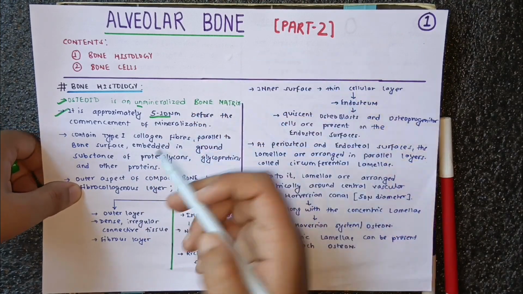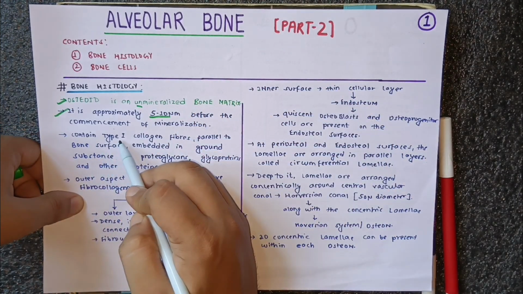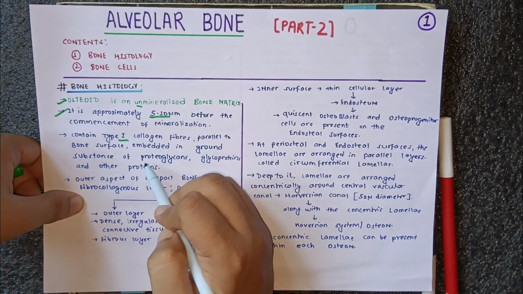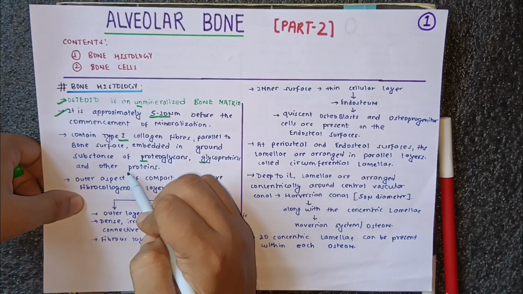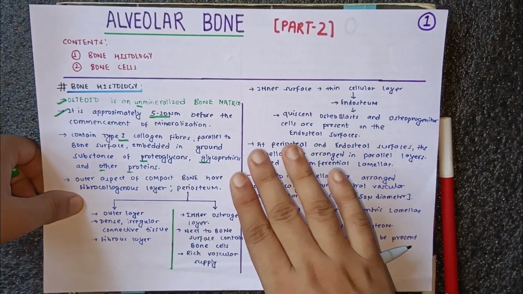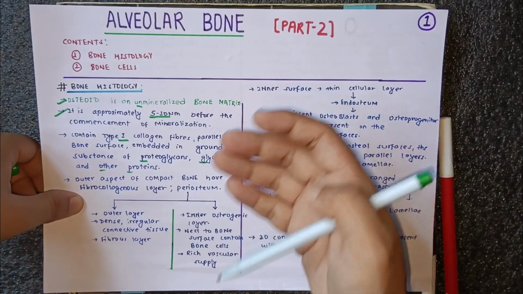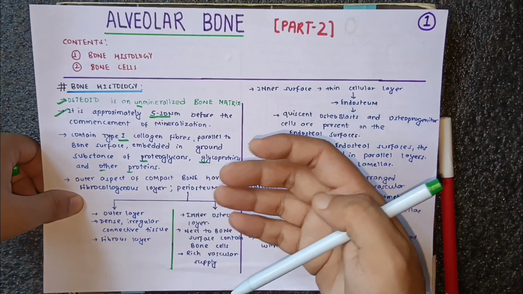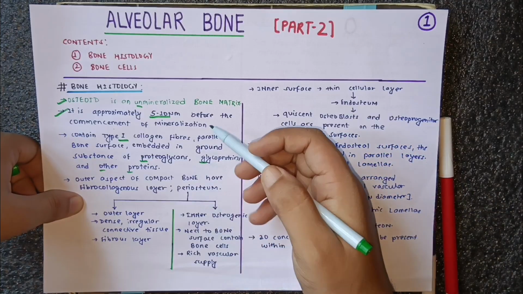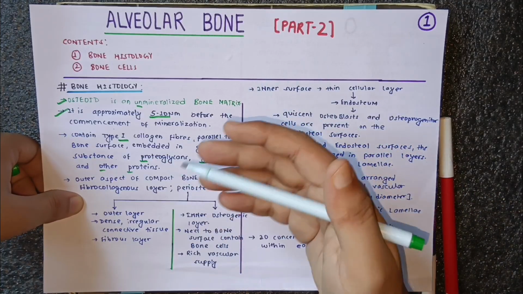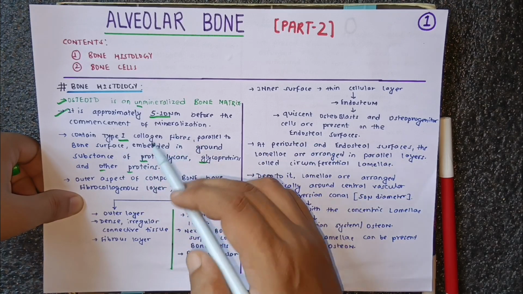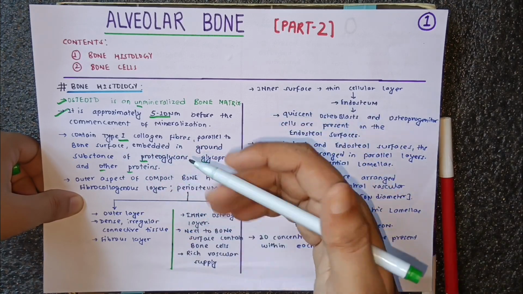It contains type 1 collagen fibers parallel to the bone surface, embedded in the ground substance of proteoglycan, glycoprotein and other proteins. So remember, osteoid is an unmineralized bone matrix, approximately 5 to 10 micrometers thick before mineralization, and it contains type 1 collagen fibers embedded in the ground substance.